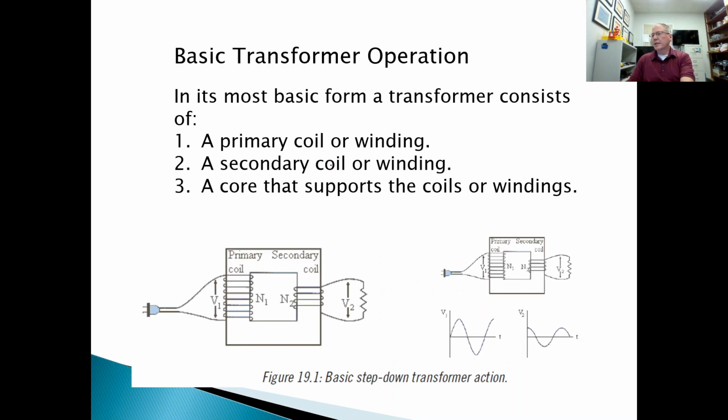some of these slides I'm going to go over fairly quickly. So the primary coil here, which is assumed to be 120 volts, and depending on the number of windings or turns in the primary, the voltage on the primary divided by the voltage in the secondary will equal the ratio between the turns on the primary divided by the turns on the secondary.